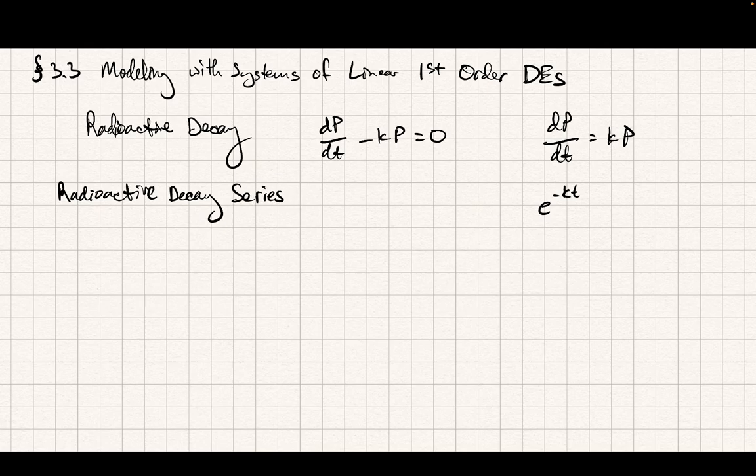You might have U-238 decaying into thorium-234, and then some more steps, and then eventually it gets to lead. And this is a stable isotope.